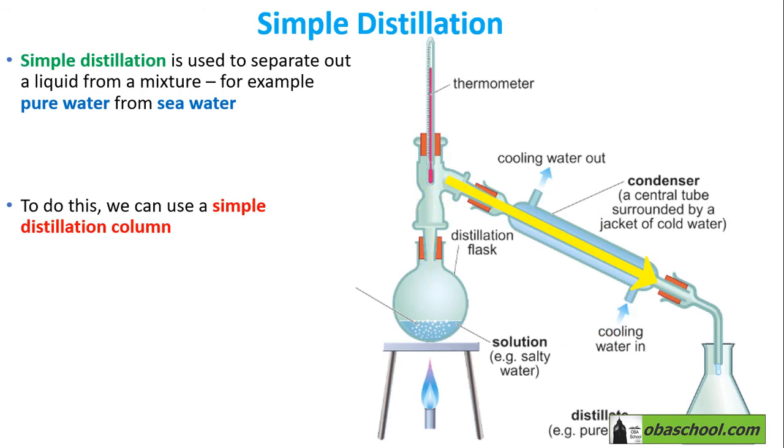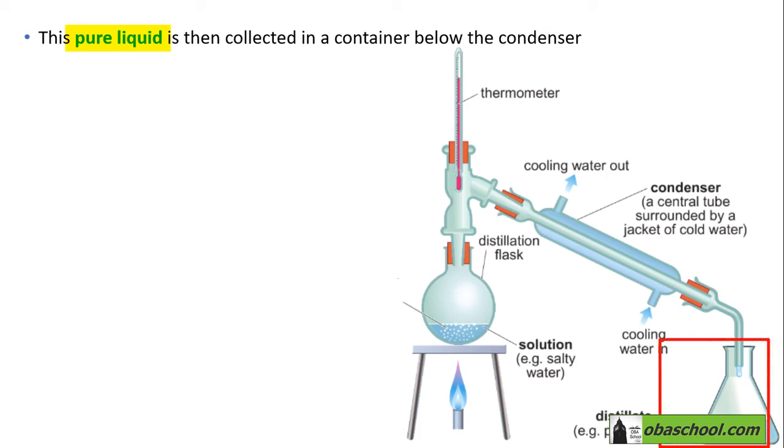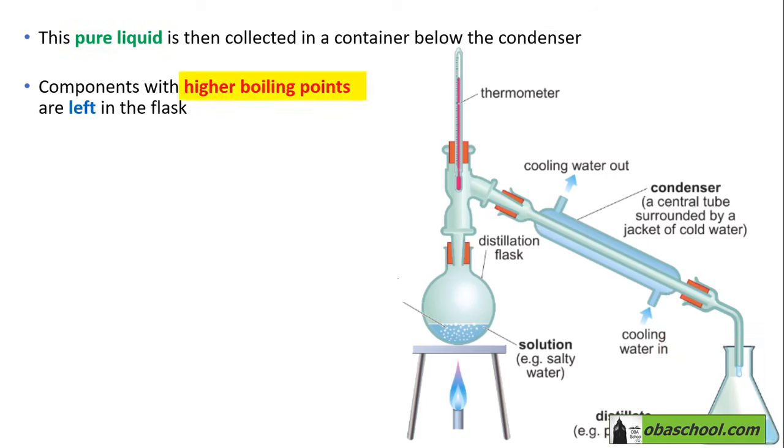Therefore, as the vapor enters the condenser, it is cooled down and it condenses. Condenses just means it goes from the gas back to the liquid. So the pure liquid will be collected in this container that is below the condenser, and any component with the initial mixture with a higher boiling point will be left in the distillation flask in this simple distillation method.